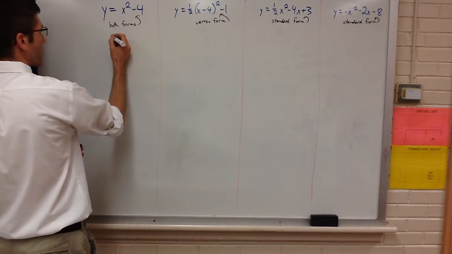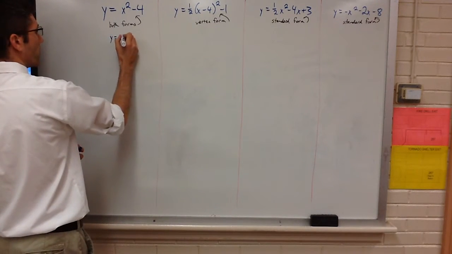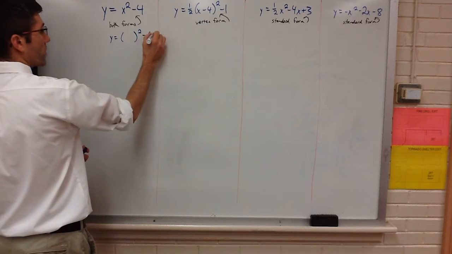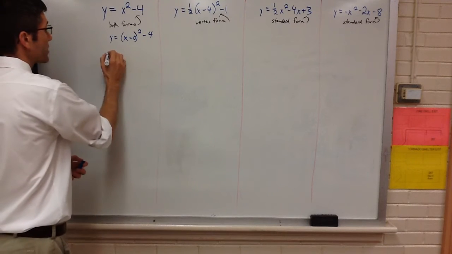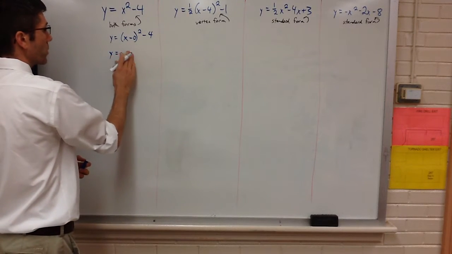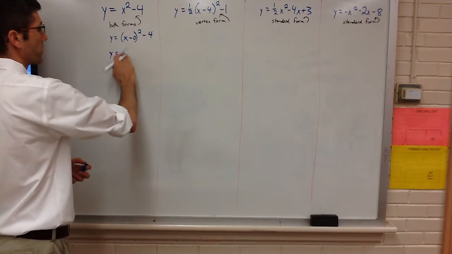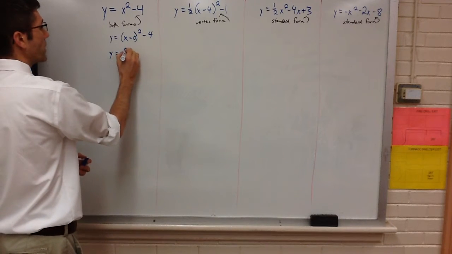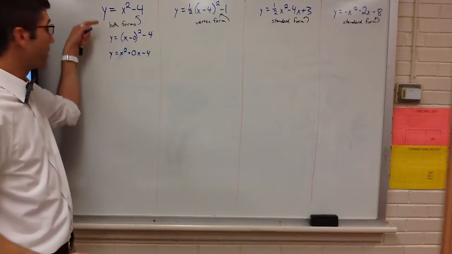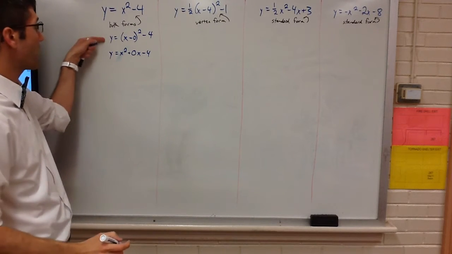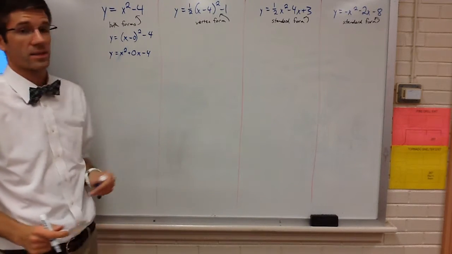But if you want to get really technical about it, vertex form would look more vertex formish if we did that, and standard form would look more standard formish. So this is the same thing, but that looks more like vertex form, that looks more like standard form.